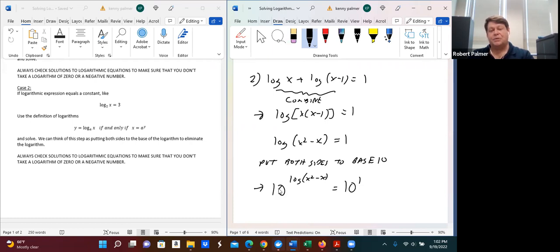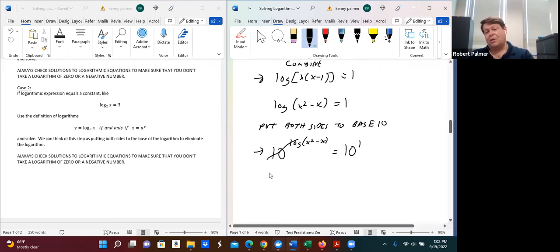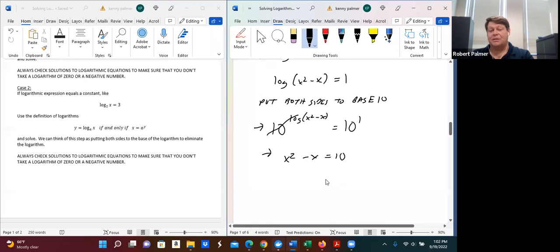Once again, of course, 10 and log base 10 cancel each other out, and 10 to the first is 10. So what we have is another quadratic equation, x squared minus x is equal to 10. I'm going to get one side equal to 0, so it's easiest to make the right side 0. If I subtract 10 from both sides, I then have x squared minus x minus 10.